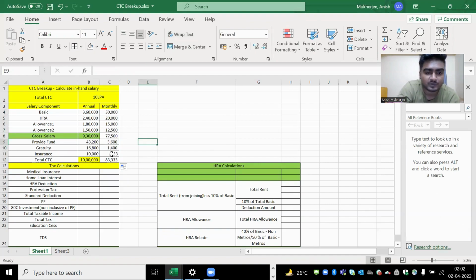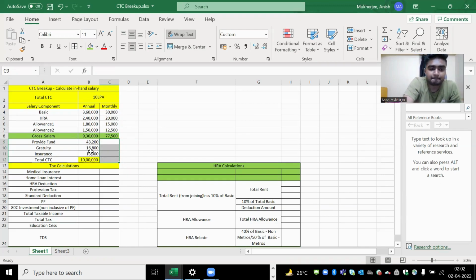Now, what you need to focus on over here is my gross salary, the 77,500 rupees. We will come to the deductions part later, but these are the ones that are included in your total CTC.